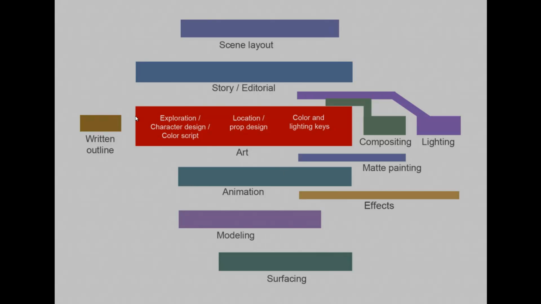There's all these ancillary departments, and I'm going to talk with you about how the art department interacts with those. There's also matte painting that is happening around the same time that color and lighting keys are being done for final design and work that appears in the project.